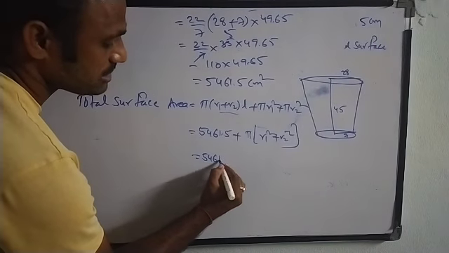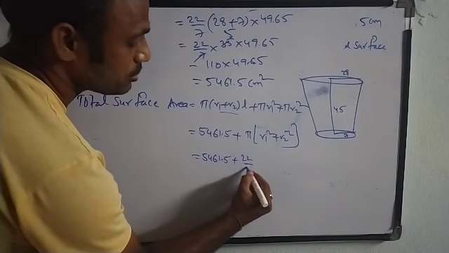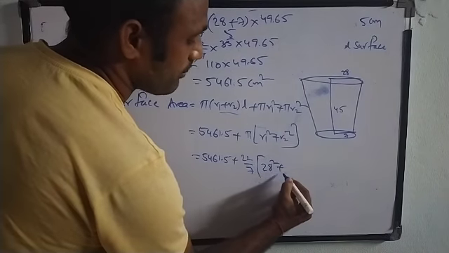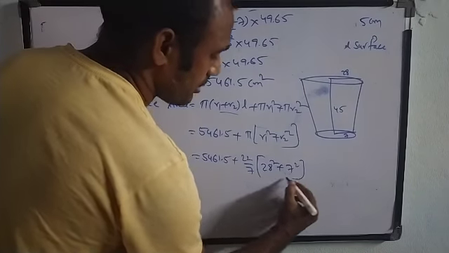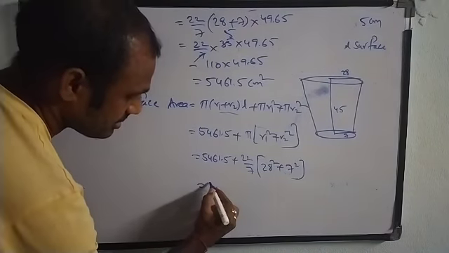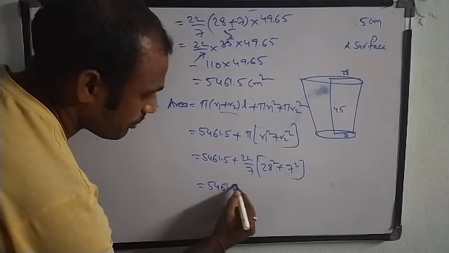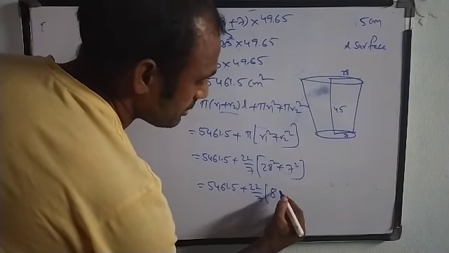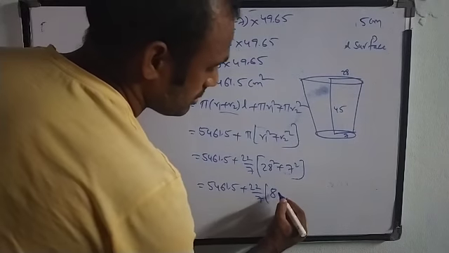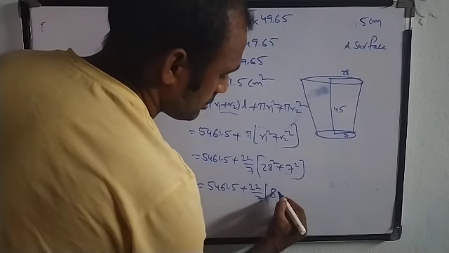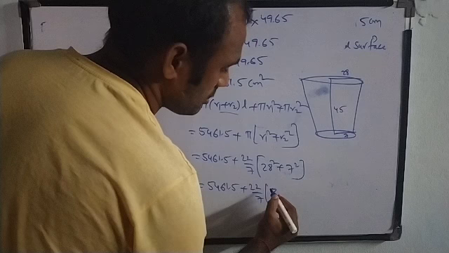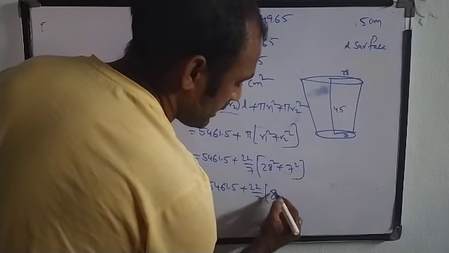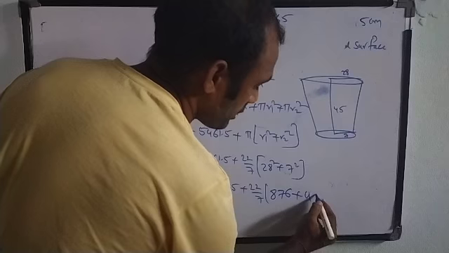So 5461.5 plus 22 by 7 into r1 square, that is 28 square plus 7 square. So 5461.5 plus 22 by 7 into 876 plus 49.